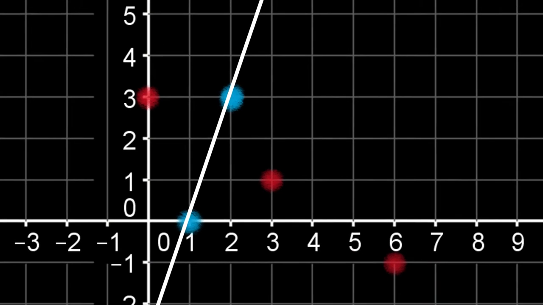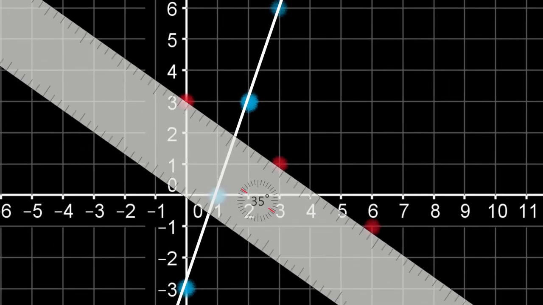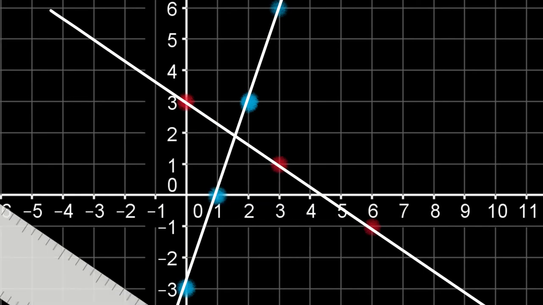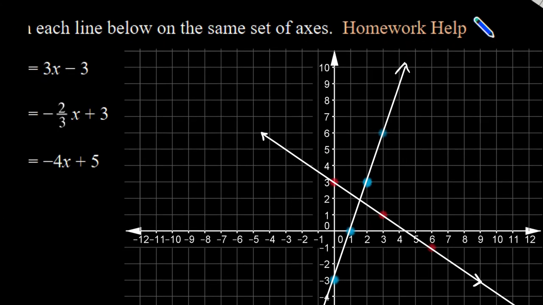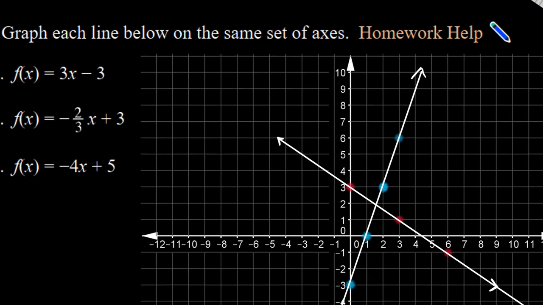So there we go. I'll grab my ruler tool and just draw the line that goes through that. It continues in both directions indefinitely, so I'm putting these arrows in here to indicate that. So that's my second function, f of x equals negative 2/3 x plus 3.